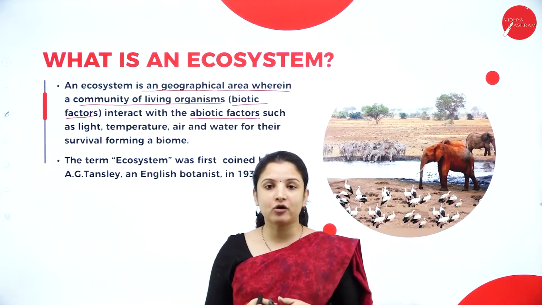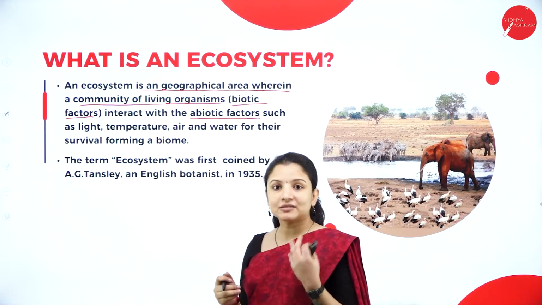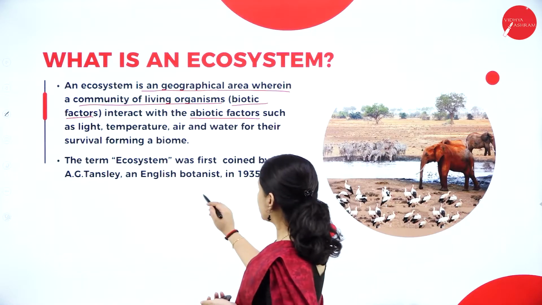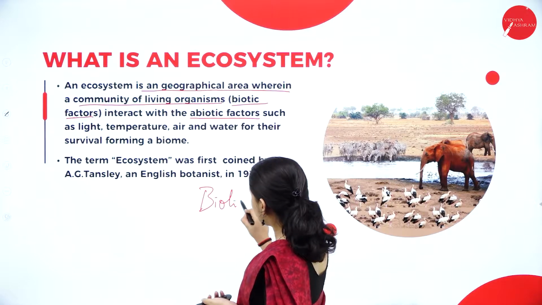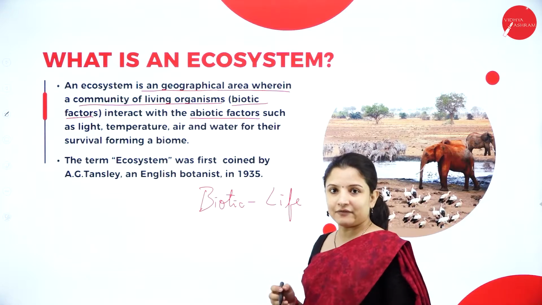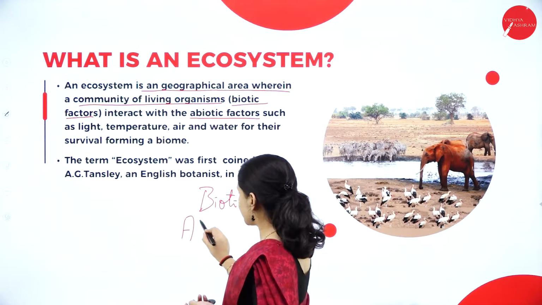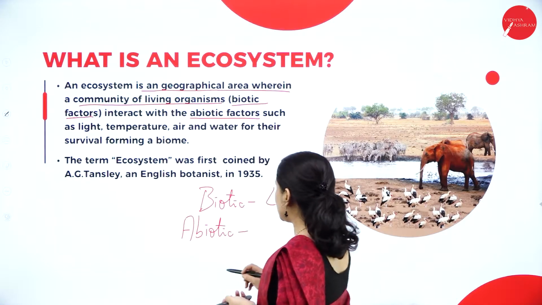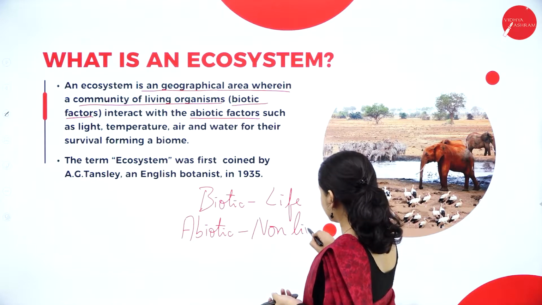So when I say abiotic, always remember in biology, or be it any science related subject, especially related to biology, if I say biotic, it means life, or it is having life, or it is living. And in front of this biotic, if I add a, meaning abiotic, it means no life or it is non-living.